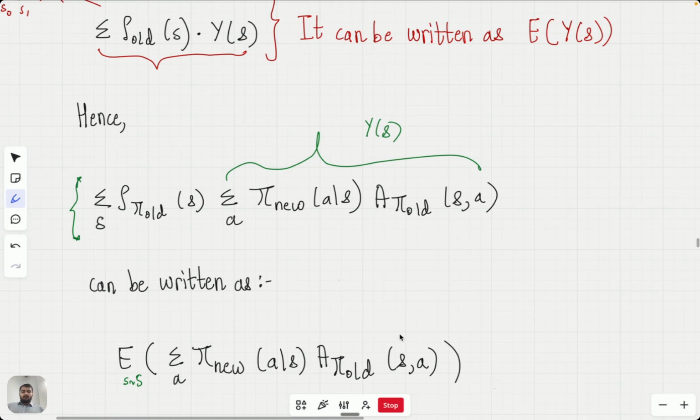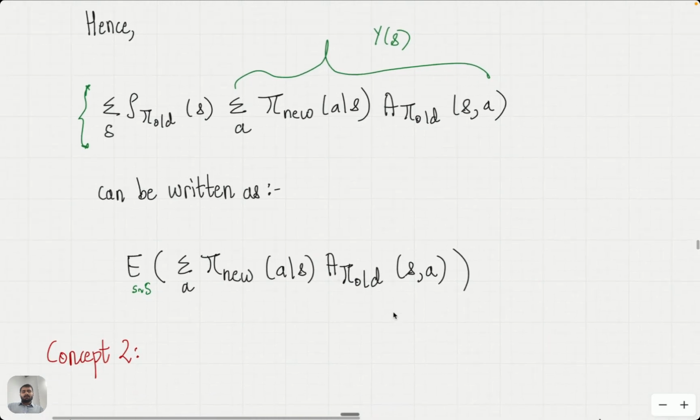So now we have replaced this expression with a simpler expression where we do not have the state visitation frequency anymore, but we have replaced that by an expectation performed over all the states which the agent is likely to visit.